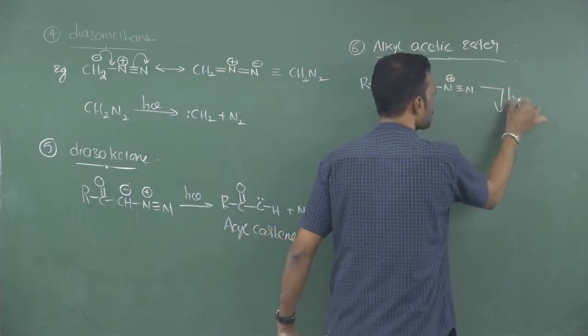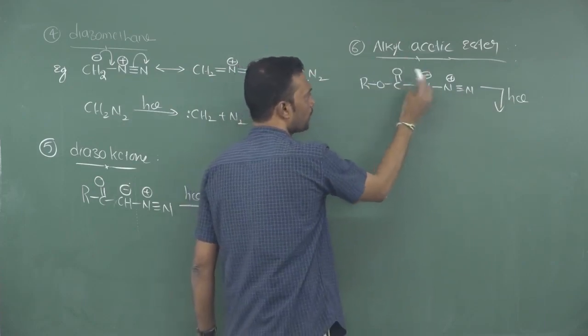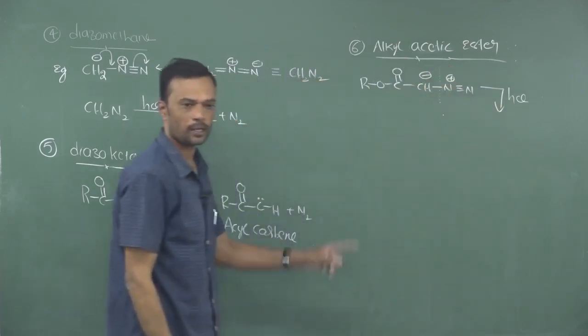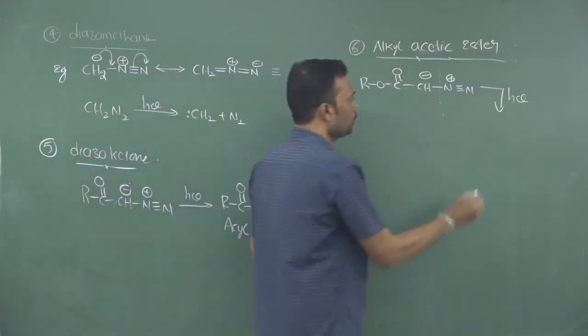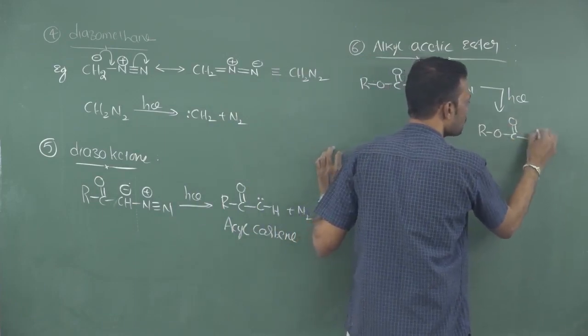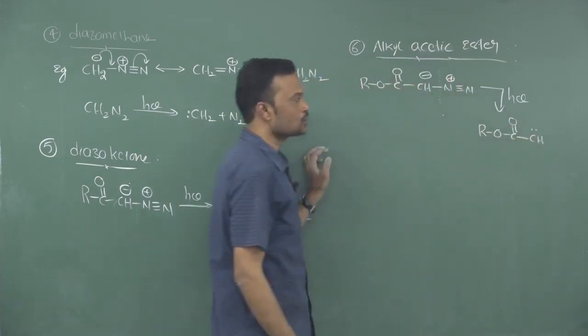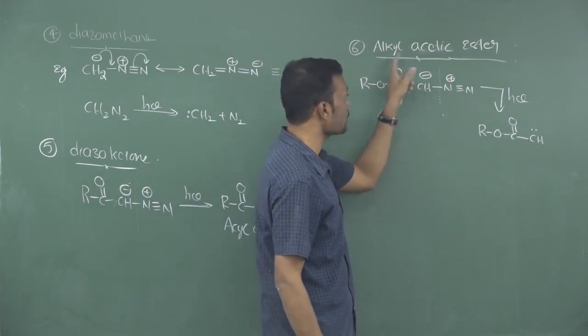This is on photolysis. Can I break here or not? If I break at this particular place, N2 is removed. In place of the acyl group, right now I am giving an acid ester. If I use acid ester, can I get this? RC double bond O, and CH attached to carbene. So this is called alkyl and it comes from acetic acid ester. That's why it is called alkyl acetic ester.